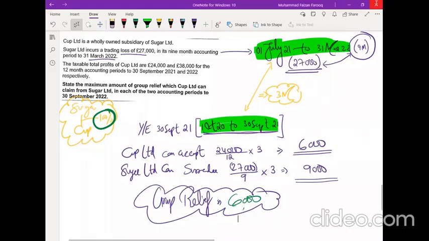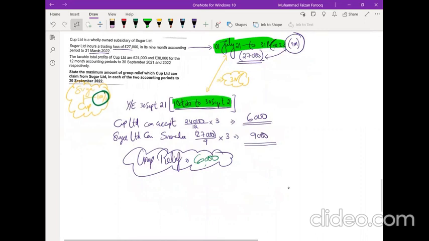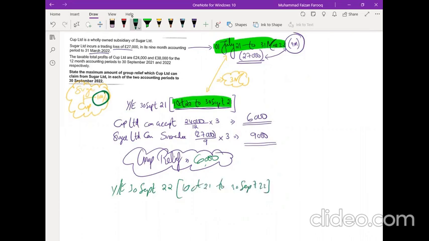Now you tried and you got 18,000, which is correct. But let us do it all together as well. Let me make space. The second year is the year ended 30th September 22, right? From this to this. Now Cup Limited can accept and Sugar Limited can surrender.